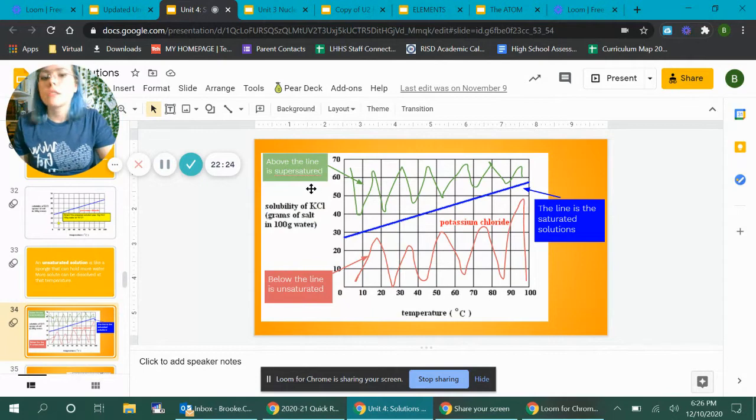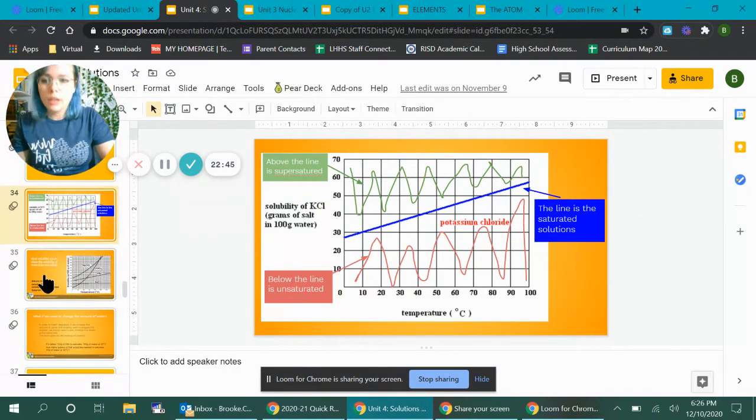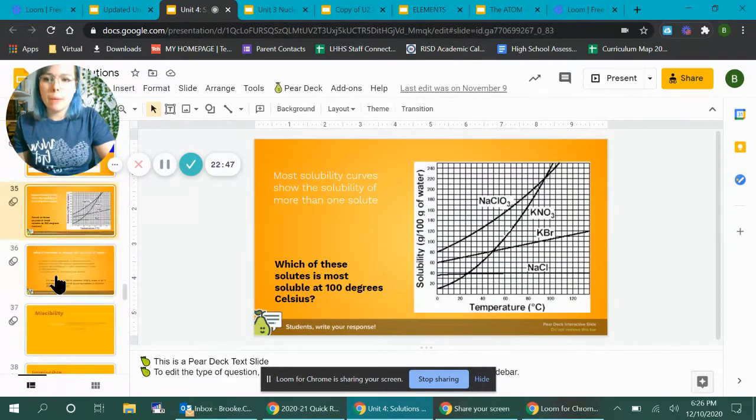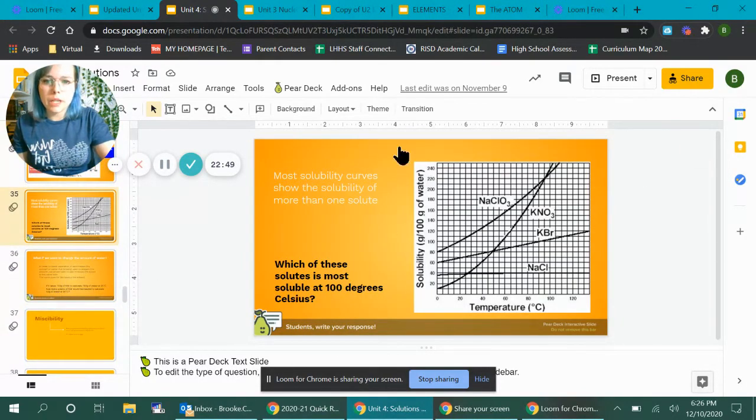Okay, so this line is the line of saturation. Above the line, supersaturated. Consider this like the skyline. Superman's flying up there. Supersaturation. And then below the line is unsaturated. So we've got more room. So you kind of want to read X and Y axes when we're talking about solute graphs.